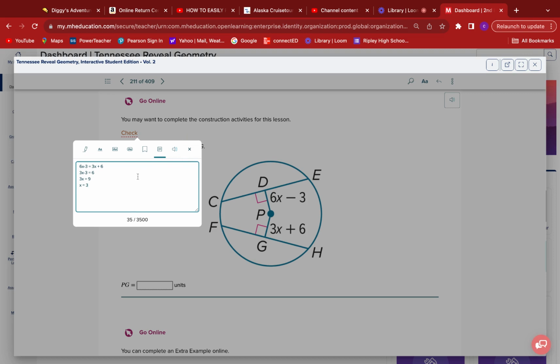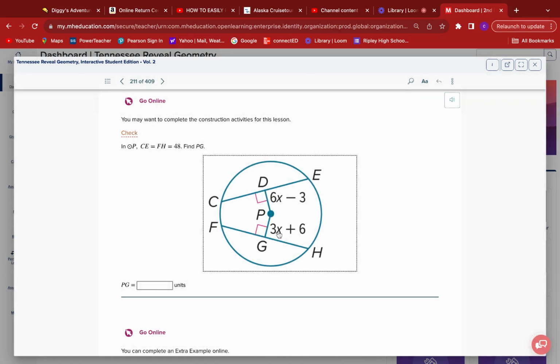Now remember, we are not done because they wanted us to find PG. But that is what we are plugging in to find PG. So we're going to take our 3 and plug it in to the 3x plus 6. All right. Take this x out, replace it with the 3. 3 times 3 is 9. And then 9 plus 6 is 15. So P to G is 15.